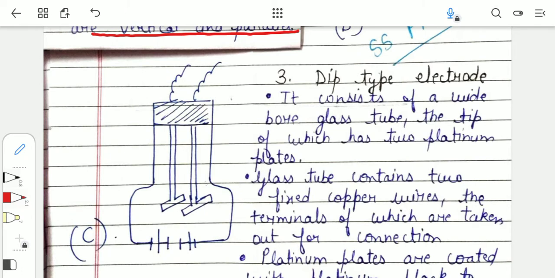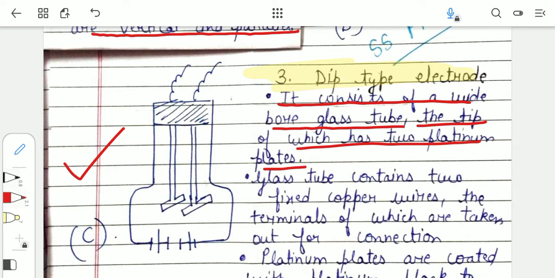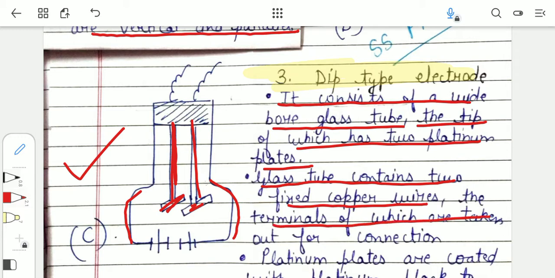Now let us see the third type of common conductivity cell, which is known as the dip type electrode. It consists of a wide bore glass tube, the tip of which has two platinum plates, which are the platinum electrodes. The glass tube contains two fixed copper wires, the terminals of which are taken out for connection.